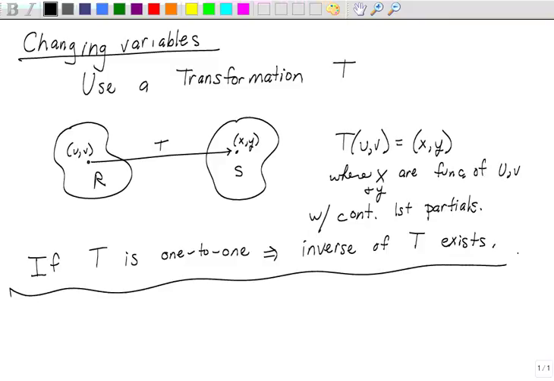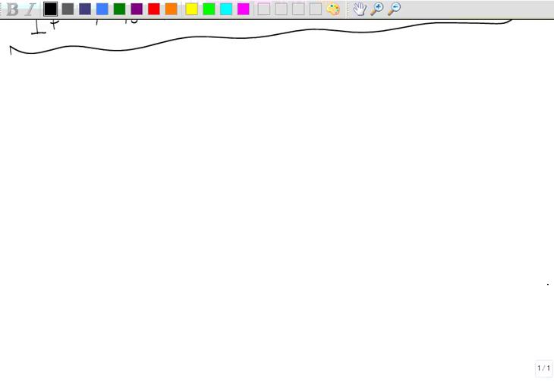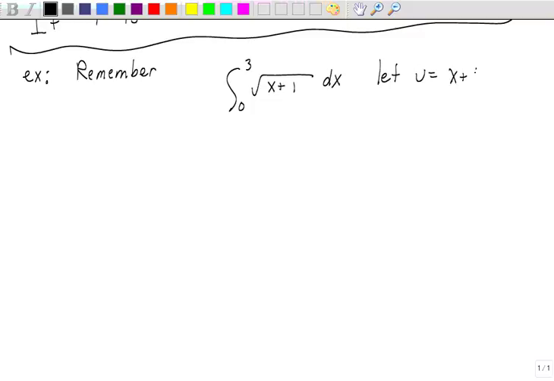Now, in one dimension, for an example, remember how we change the variables with substitution. If I wanted to integrate from 0 to 3 the square root of x plus 1 dx, we let u be x plus 1. Then du was dx. We'll just take a really simple example.